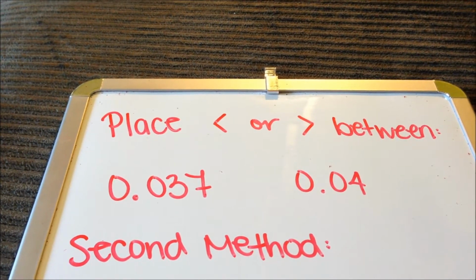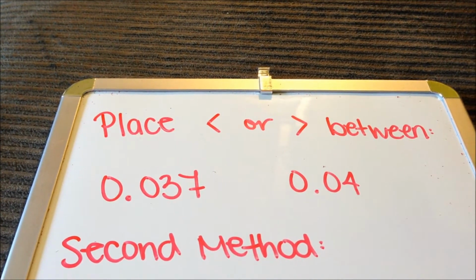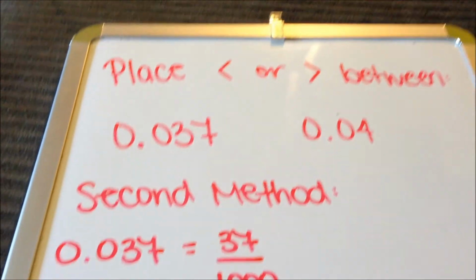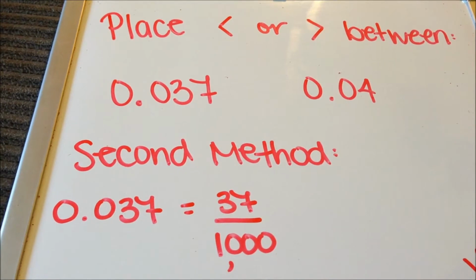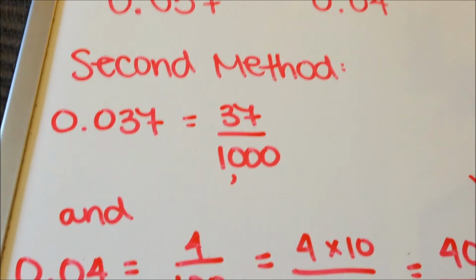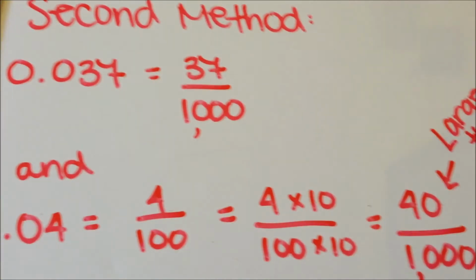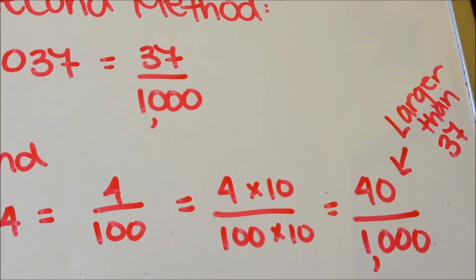The second method involves writing these decimal numbers as fractions and then finding a common denominator to determine which one is larger. Starting with 0.037, it's equivalent to 37 thousandths, or 37 over 1,000. And 0.04 is equivalent to 4 hundredths, or if we multiply the numerator and denominator both by 10, we end up with 40 thousandths.